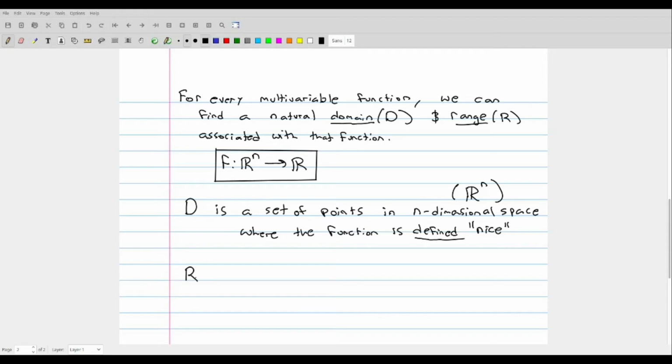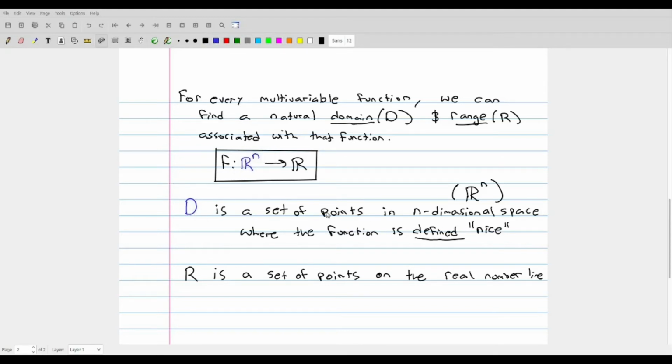So the range R of a function is a set of points in the real number line. I'll also use a little bit of color here to denote that this D, the domain of the function, relates to this right here. It's a subset of n-dimensional space.